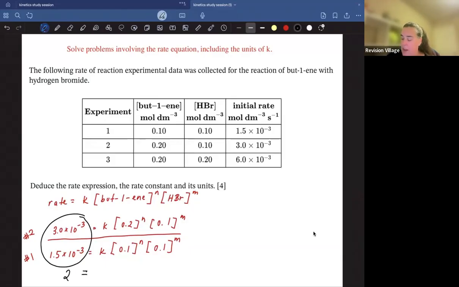And that K over K, well, that's 1. And 0.2 to the n over 0.1 to the n, I could write as 0.2 over 0.1 to the n, I guess, if I wanted. And these two things cancel because they're the same. And so I can figure out here that n is in fact 1.